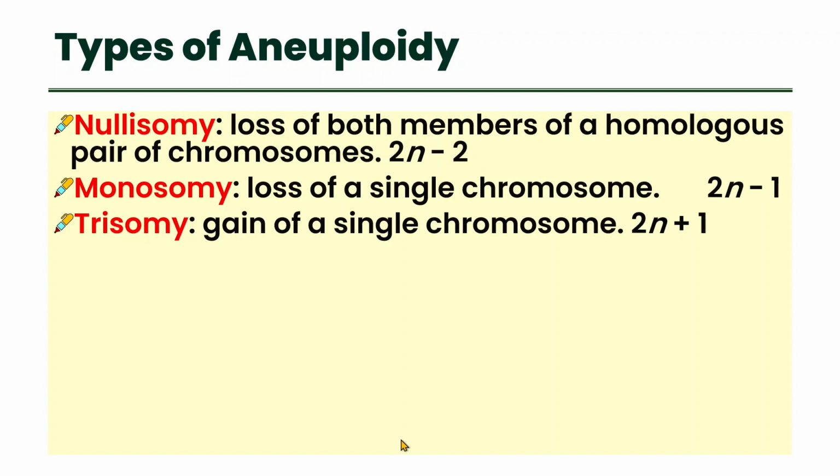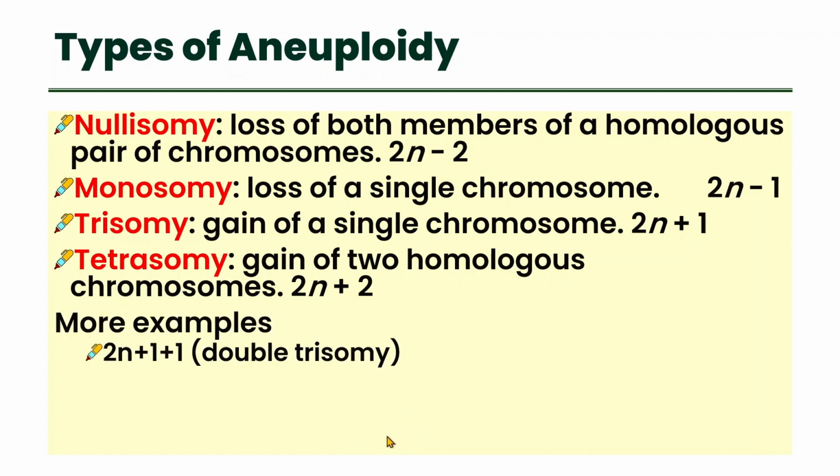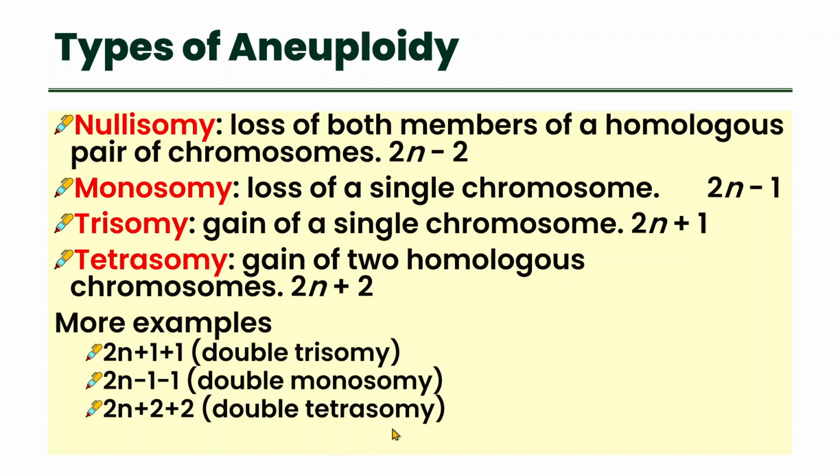That is diploid plus 1 extra chromosome. Tetrasomy gains 2 homologous chromosomes, diploid plus 2. And there are more examples. Examples: the 2n plus 1 plus 1, or the double trisomy, 2n minus 1 minus 1, or double monosomy, 2n plus 2 plus 2, or the double tetrasomy.